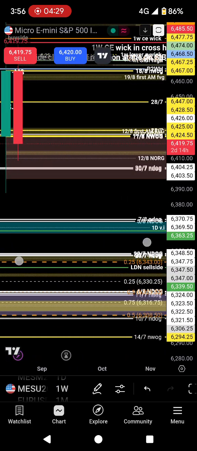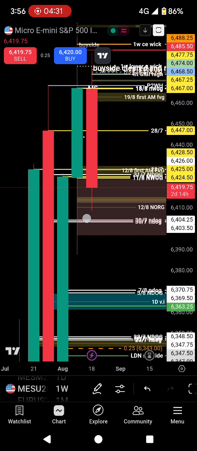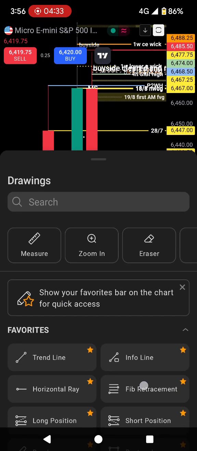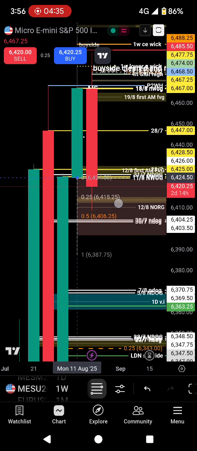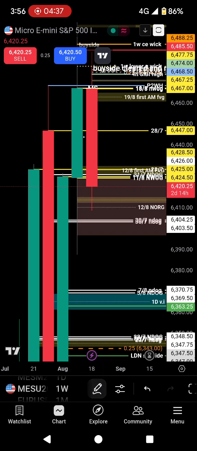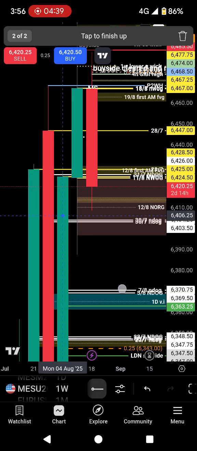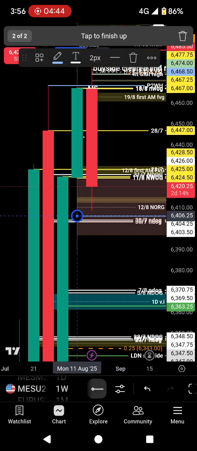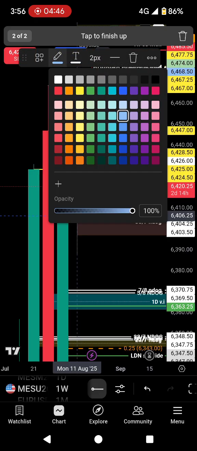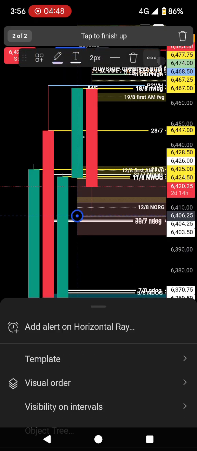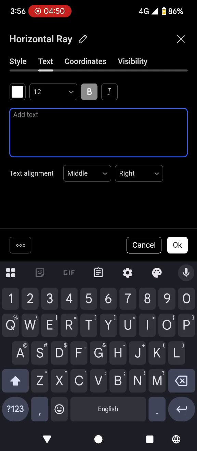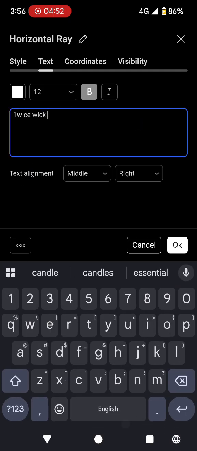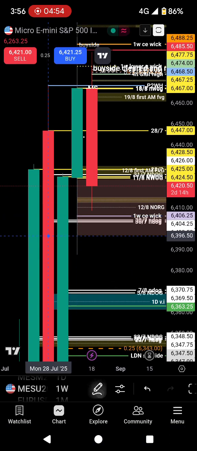On the weekly chart, okay, we're gonna see this weekly CE, okay? So this level is going to be important. 6406.25, okay? So at the moment, 6406.25 is the draw. Okay, so 6406 will be the draw.